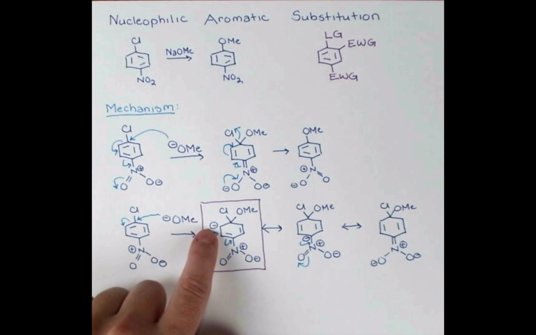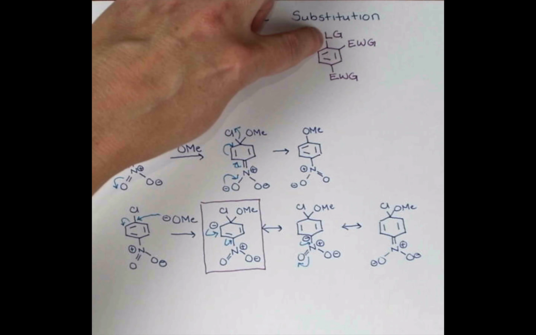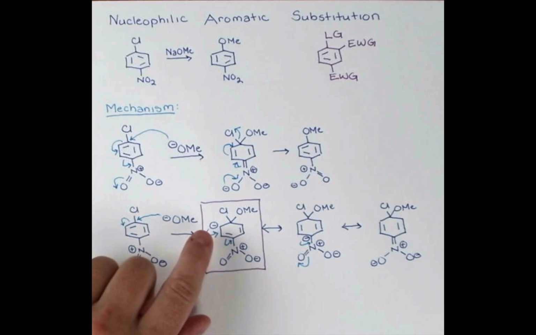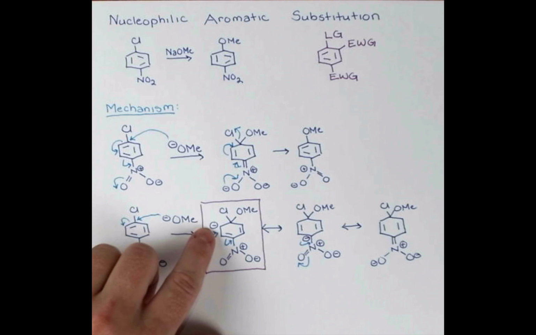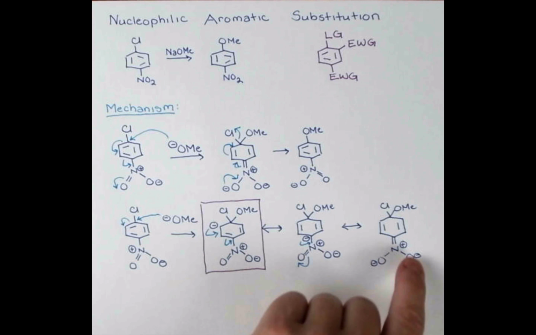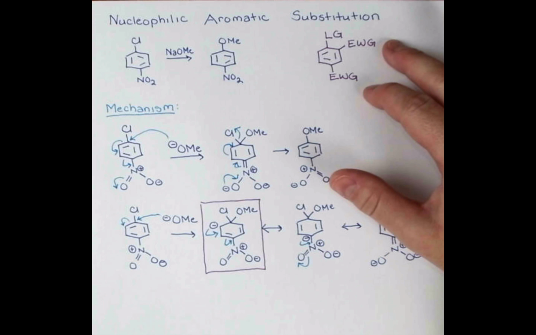And so this explains why an electron withdrawing group at the ortho position to the leaving group is also effective in promoting this reaction. We can stabilize an anion here. And notice we can stabilize an anion here with our nitro group, and we showed all that resonance. So that explains the positioning of 1 or 2 electron withdrawing groups on the ring.